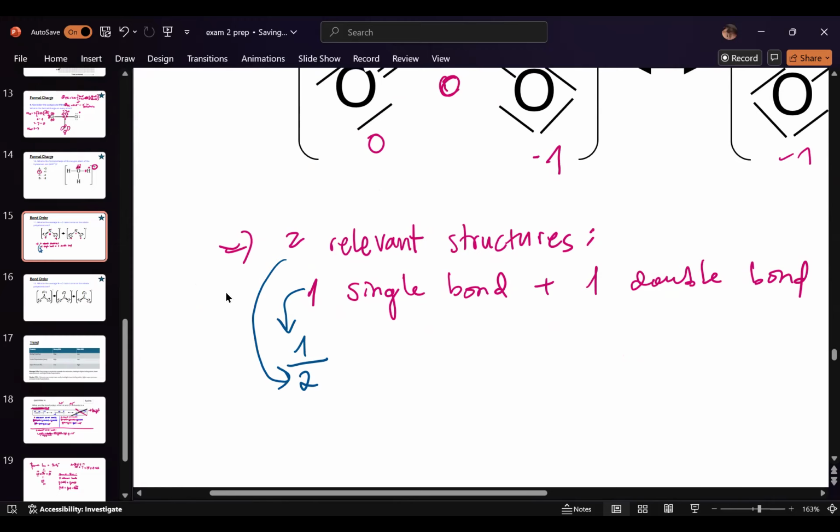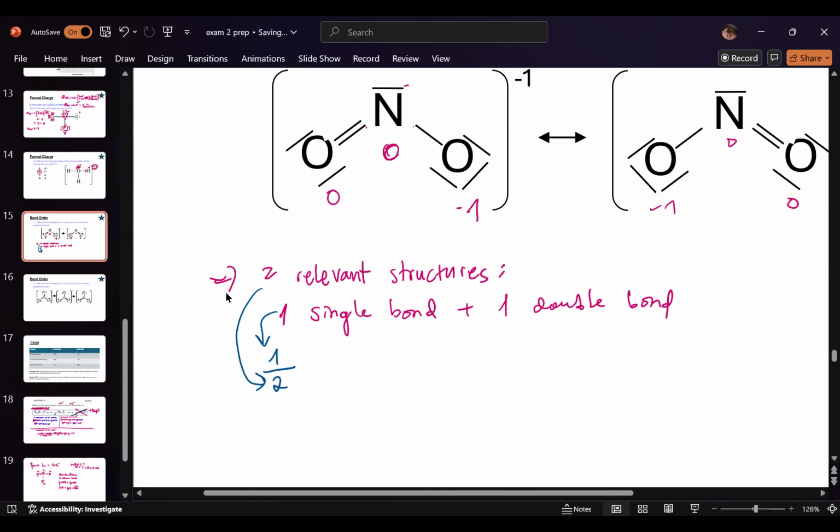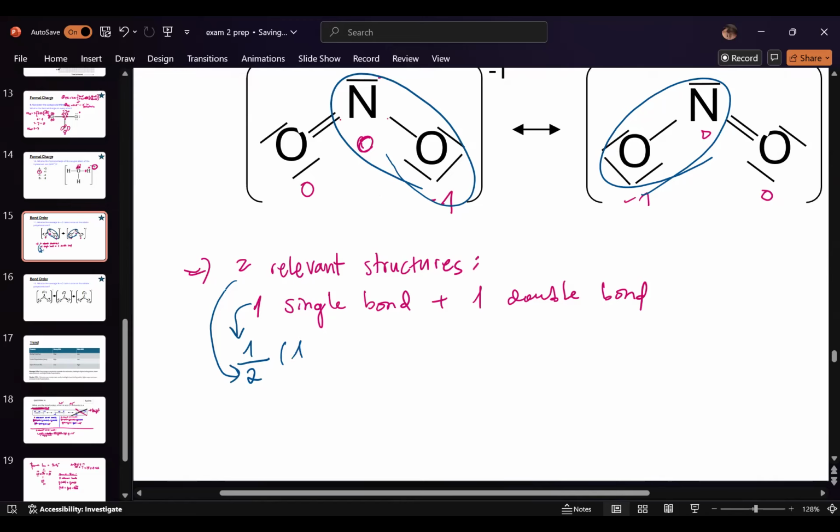You have only 1 sigma bond, 1 single bond in the 2 relevant structures, like you see here. 1 over 2 times 1. This one comes from the single bond. And the same thing: you only have 1 over 2 times 2, which comes from the double.